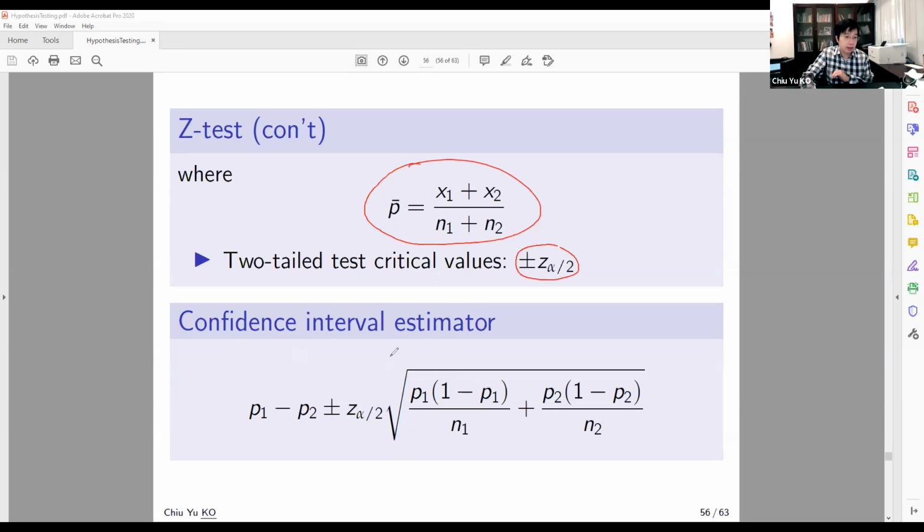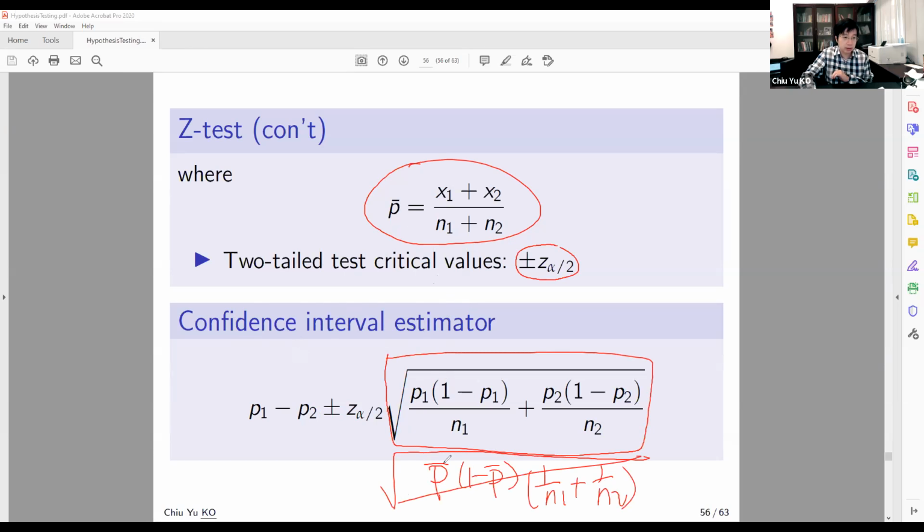Here, we are not using p bar 1 minus p bar and 1 over n1 plus 1 over n2, right? We're not using this. The reason why we can use this is because this is true under the null hypothesis.